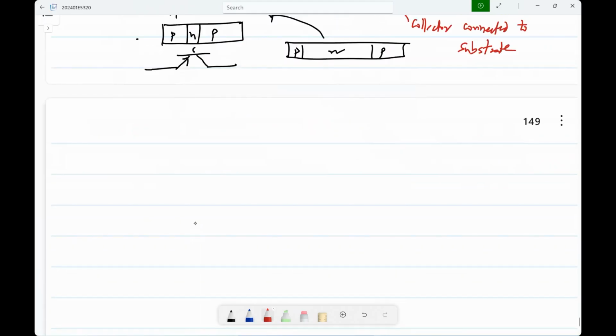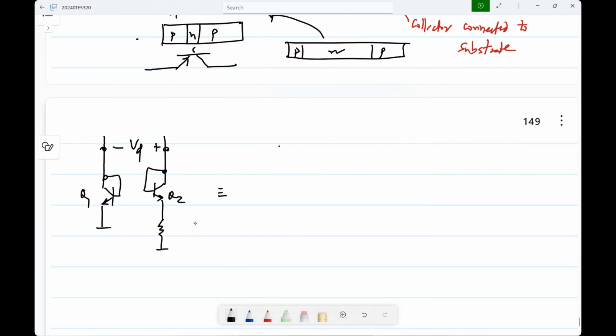So what I wanted, the circuit I had, was this one, right? Very obviously, I'm only looking at this difference voltage.